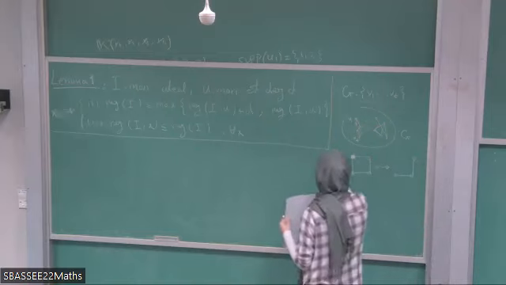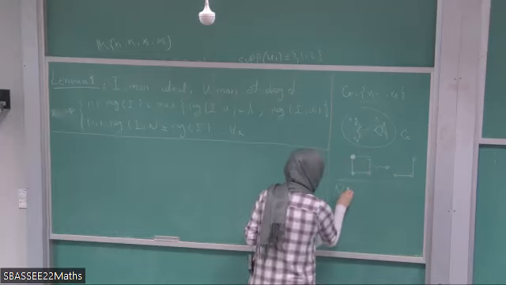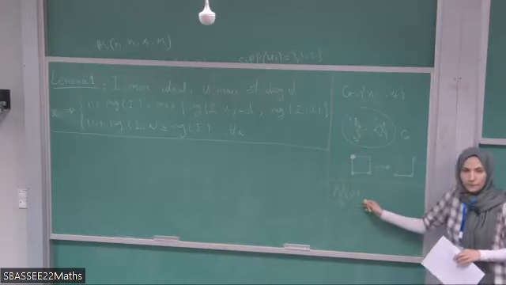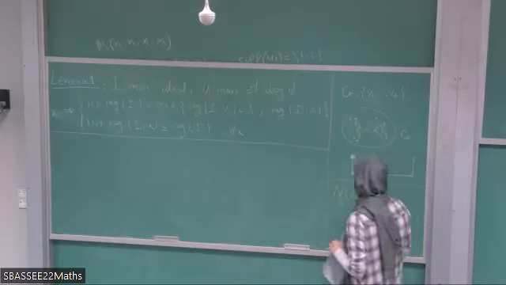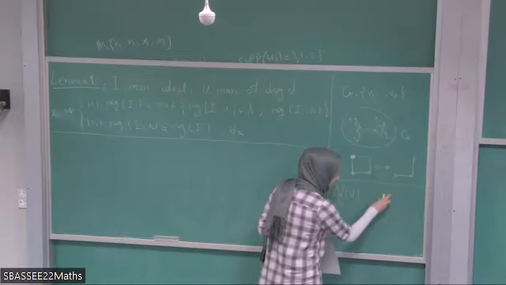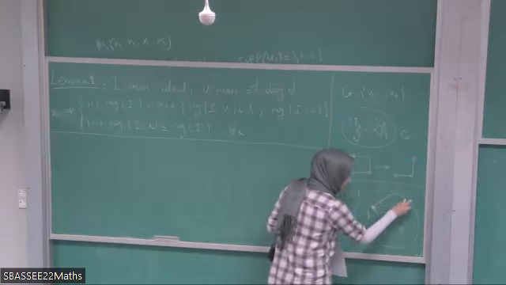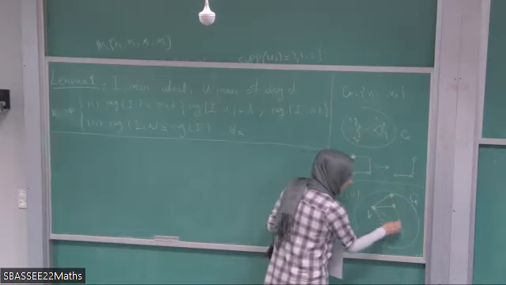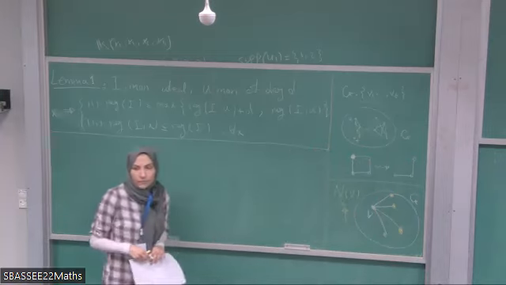And the other notation is the notation of the neighborhood of a vertex in my graph. This denotes the set of all vertices which are adjacent to a given vertex V. So if this is my V inside G, these vertices are the elements of this neighborhood set.